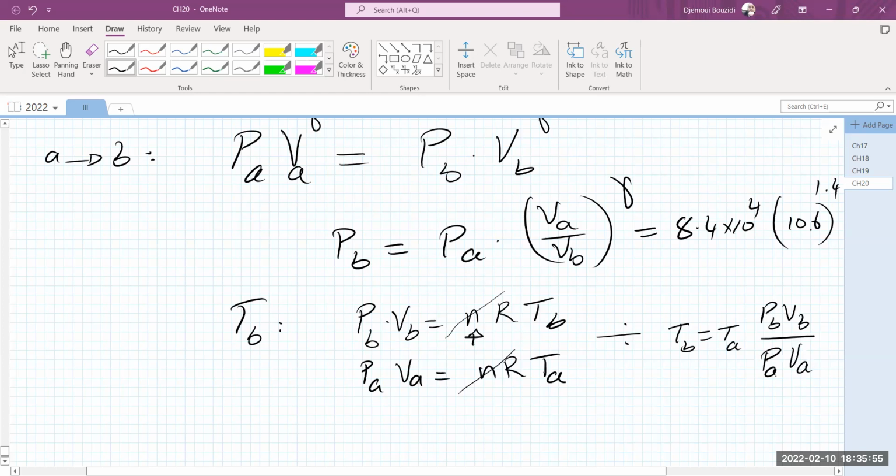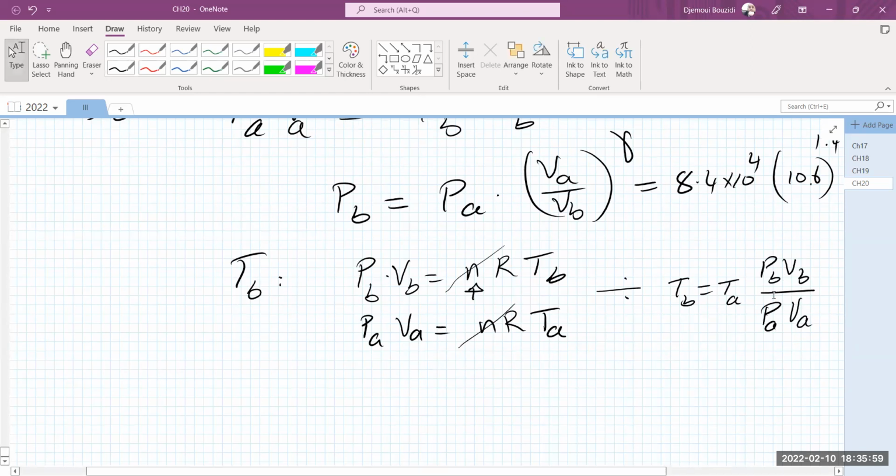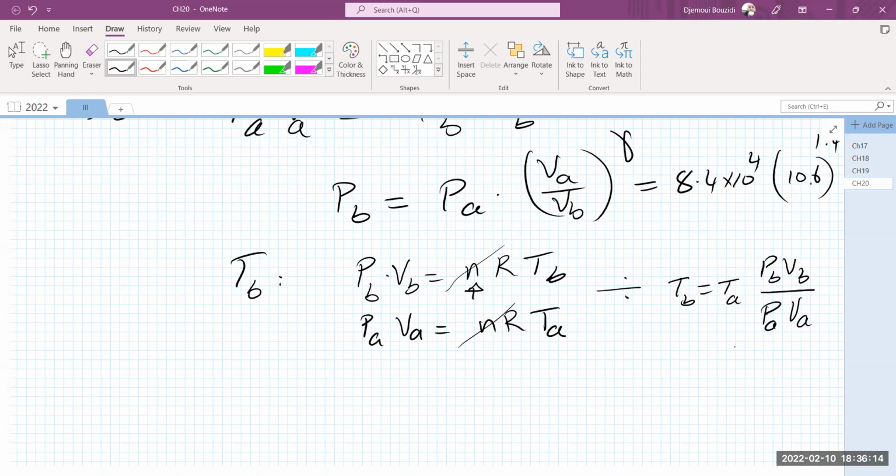So this has to do with gamma, okay? As a matter of fact, this is TA times something to the power gamma minus 1, 10.6 to the power 0.4 or something like that, okay? That is one way of doing it.